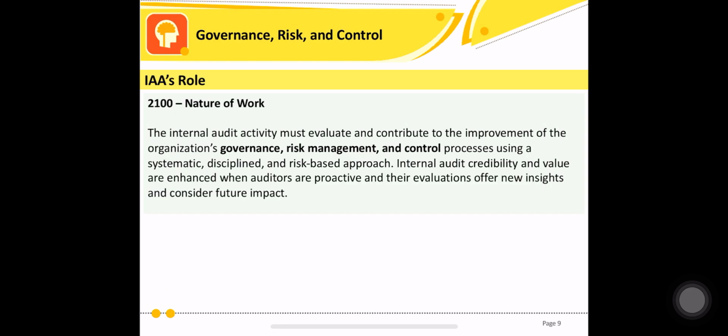On the other side, nandun yung mga hindi natin pwedeng gawin because we might impair yung independence and objectivity ng internal audit. So, nandun yung mga not possible na roles ng internal audit sa risk management.